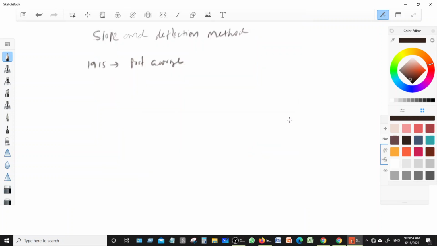Before starting the topic, I want to instruct you regarding how to find the moments in the fixed beam. So you must know the equation for bending moment in fixed beam.